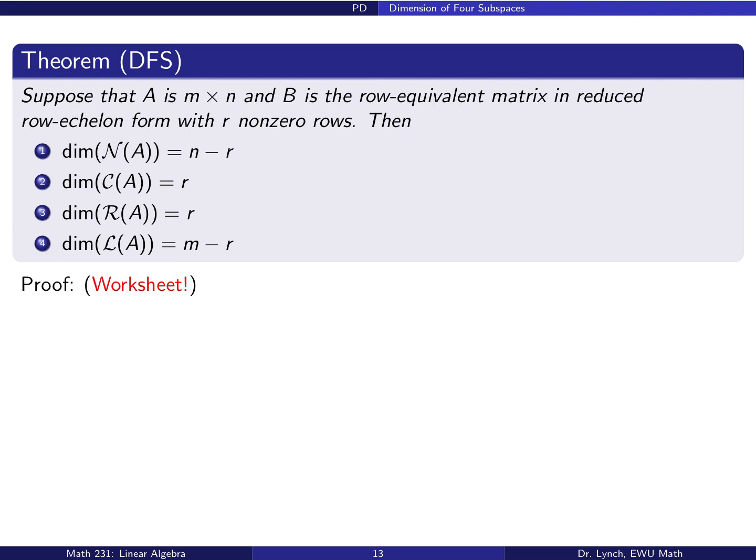On the other hand, the fact that the rank and the nullity add to the number of columns in the matrix tells us that the dimension of the null space is n minus R, and the dimension of the left null space, or the dimension of the null space of the transpose, is m minus R. So go ahead and check that proof out on the worksheet, and we can talk about it in class if you have questions.